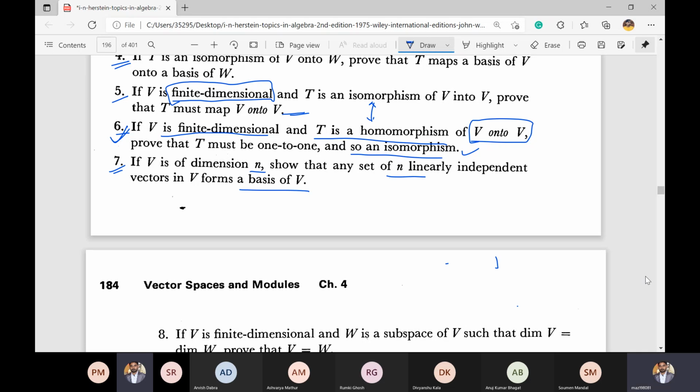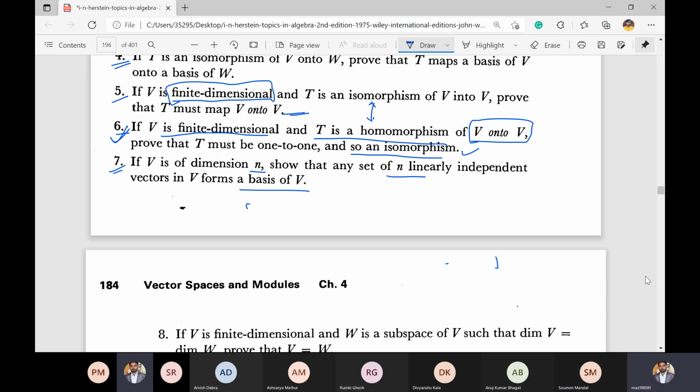If that is not a basis, then we can extend it to a basis. And if that contains at least one more element, then it will contradict that the dimension is n. Repeat once more.